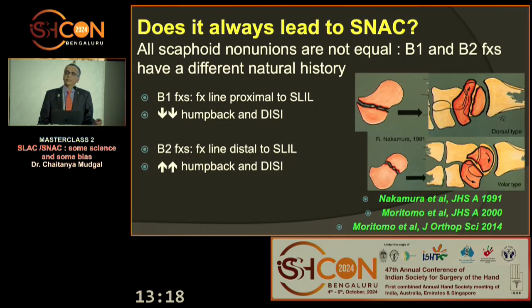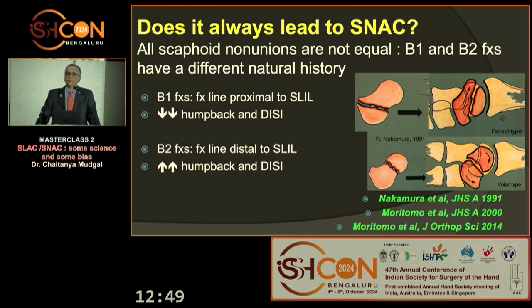But does that happen every time? And that's the question you've got to ask yourself. So if you saw that the subtitle of my talk was Answers to Commonly Asked Questions, and this is something that was asked to me many years ago: is there a scaphoid non-union pattern which will not develop this? And that got me thinking, and I realized Nakamura had already answered this many years ago, because he identified the distinction between the B1 and B2 fractures.